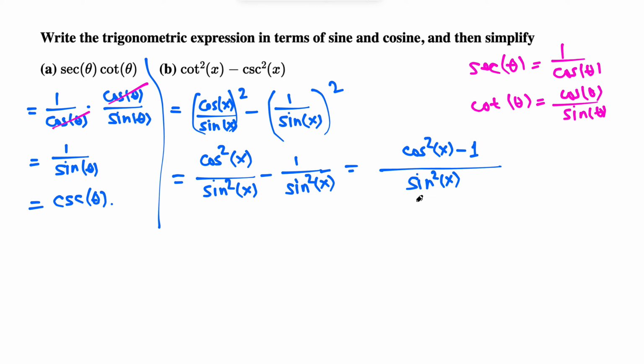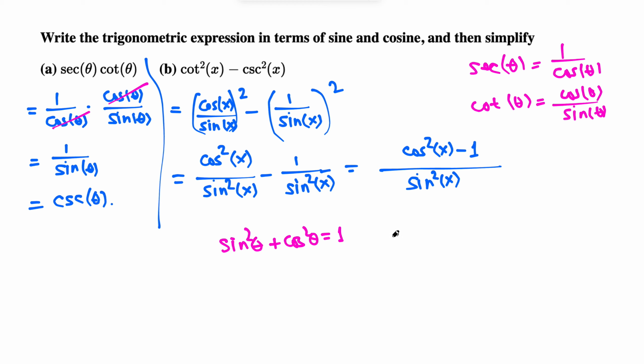Okay, we need to simplify if we can, and this one is the difference of cosine square and 1. If you recall, there is the most famous Pythagorean identity, which is sine square theta plus cosine square theta is 1. Okay, now we can play around here, and then cosine square is the same as what?